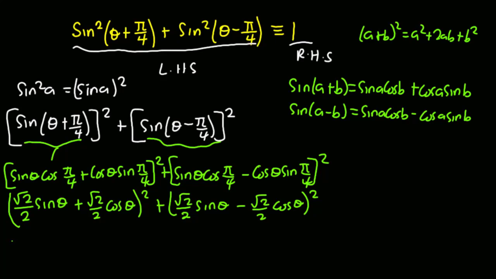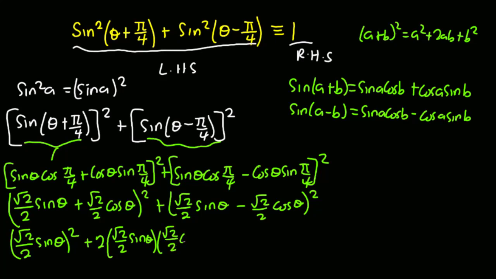And so this is going to give me root 2 on 2 sine theta all squared, plus 2 into brackets root 2 on 2 sine theta times another root 2 on 2 cos theta, plus root 2 on 2 cos theta all squared.